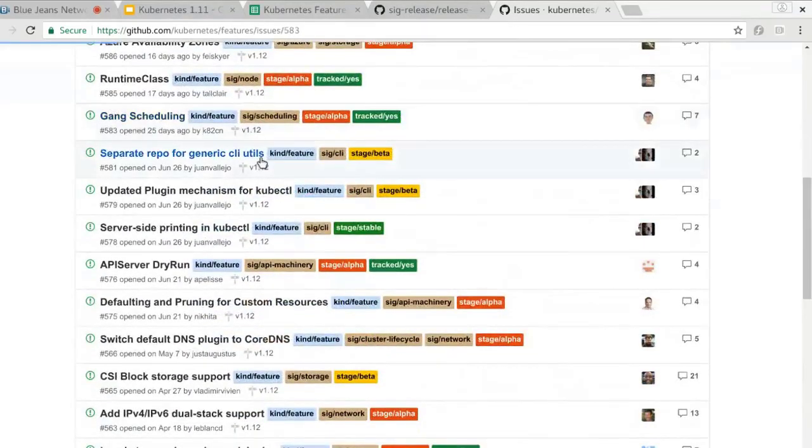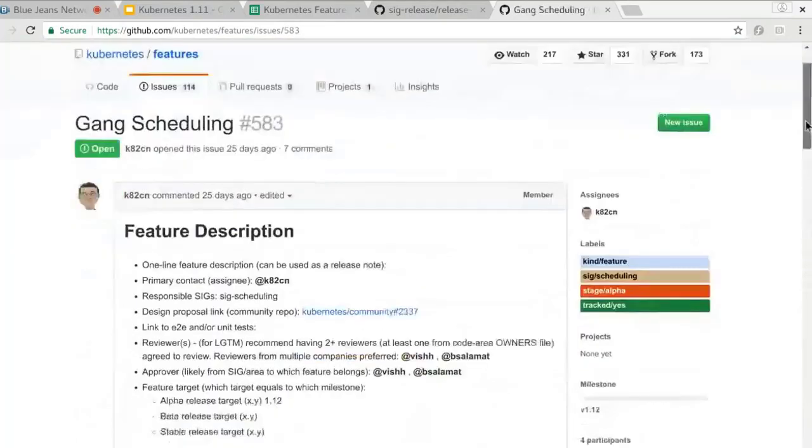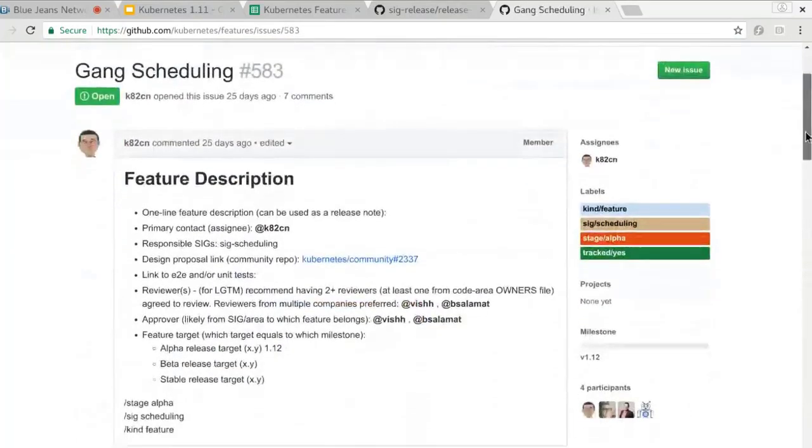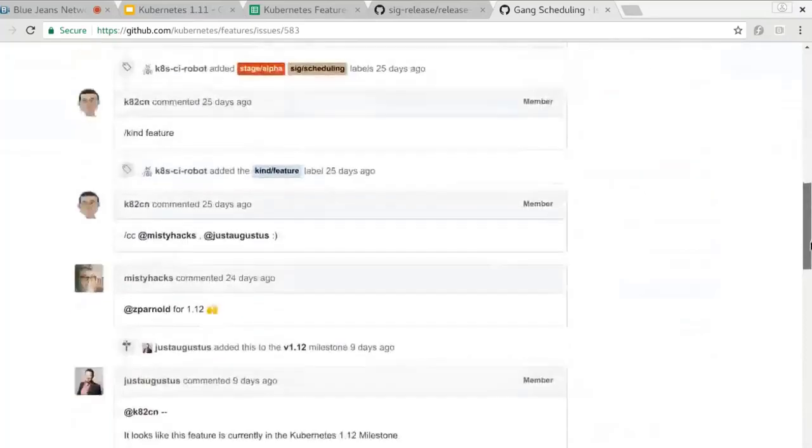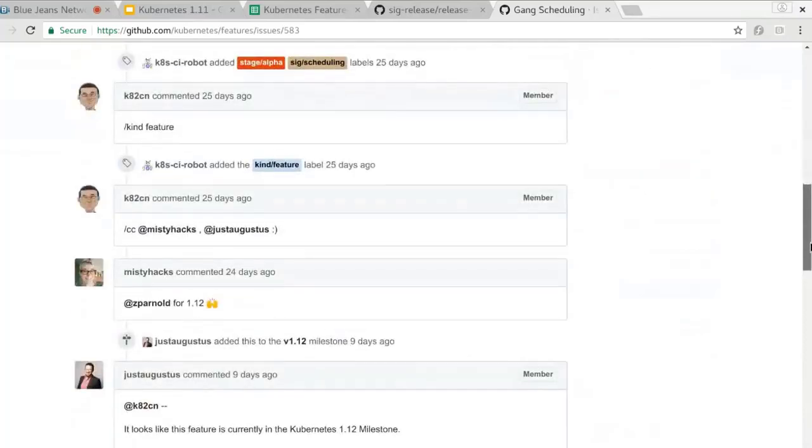So what that'll allow you to see, for anyone who's curious, is all of the features that are tracked, essentially slated for 1.12, with the milestone inserted here.